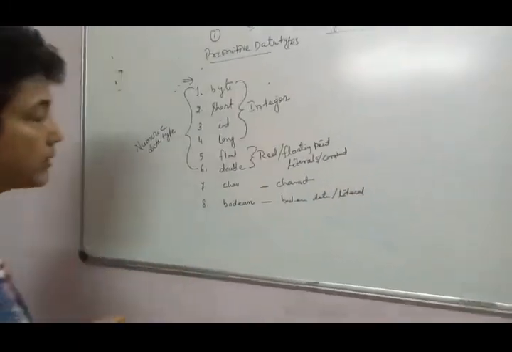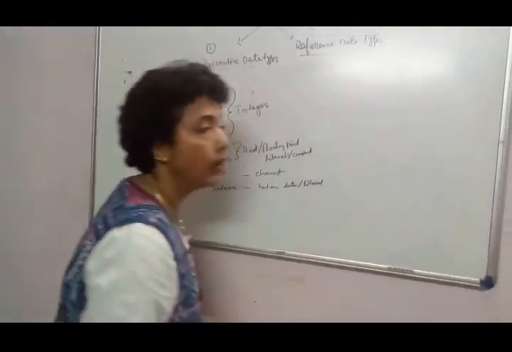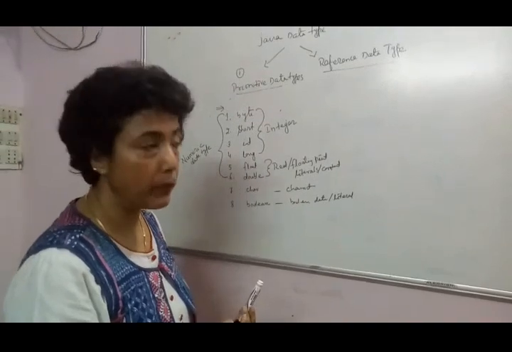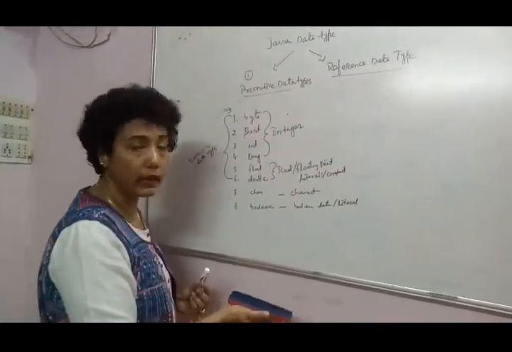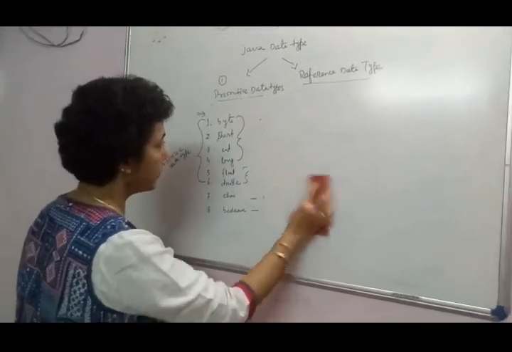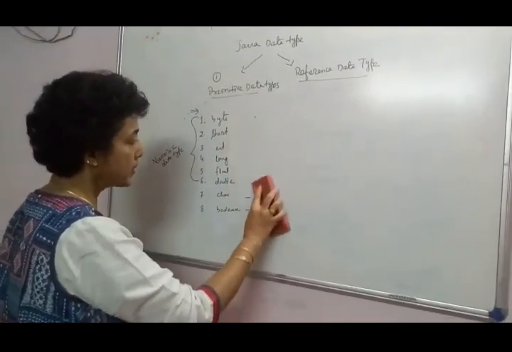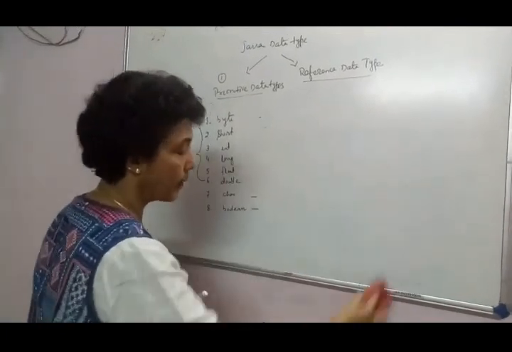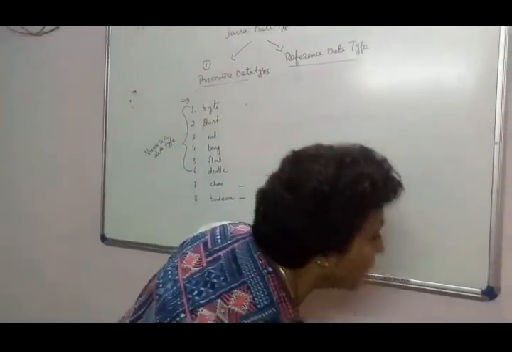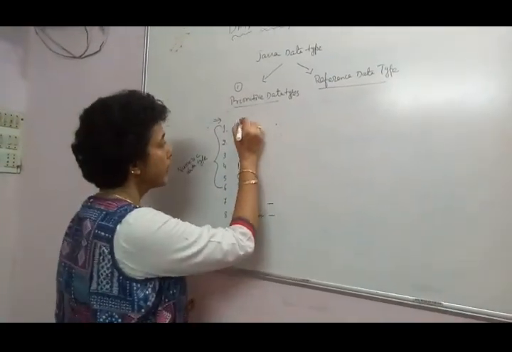Okay. Now let us discuss each of them separately with the bytes of memory they use and what is the range of value they support. Each of them, let us say one by one. What is the number of bytes of memory they need and what is the range of value they support. The first we will discuss is byte.